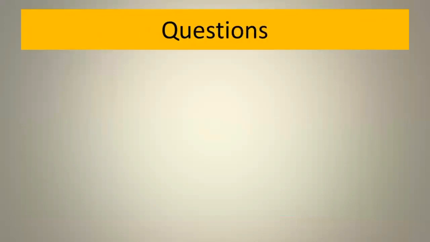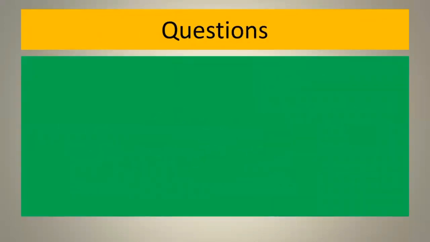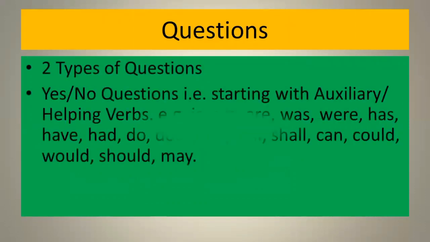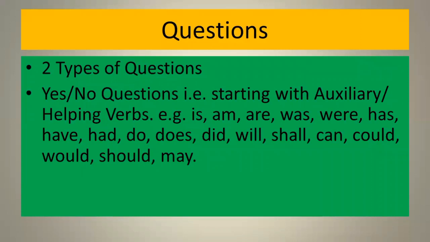So let's start with questions. Dear viewers, let me tell you that there are two types of questions. Number one is yes-no questions, that is starting with auxiliary or helping verbs. For example, is, am, are, was, were, has, have, had, do, does, did, will, shall, can, could, would, should, and may.